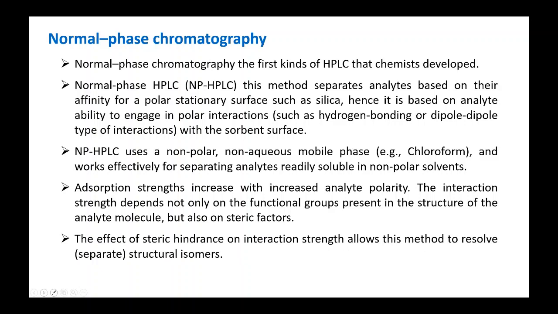So the effect of steric hindrance on interaction strength allows this method to resolve structural isomers. For that case the steric factor is more important, and based on that the separation happens.